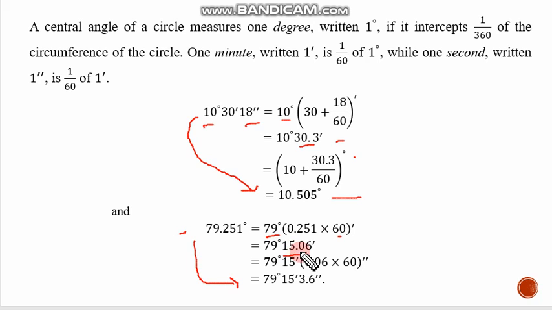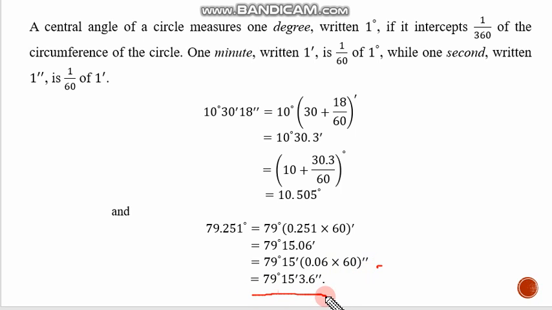And the 0.06 we can convert to seconds: 0.06 times 60 seconds. So that's 3.6 seconds. So the answer is 79 degrees, 15 minutes, and 3.6 seconds.